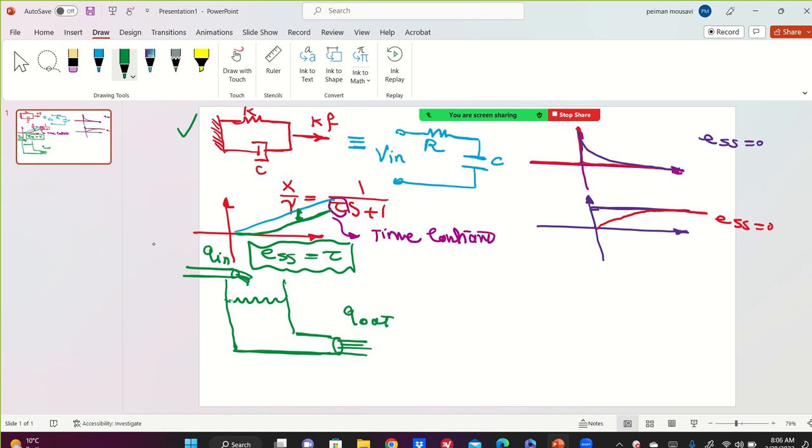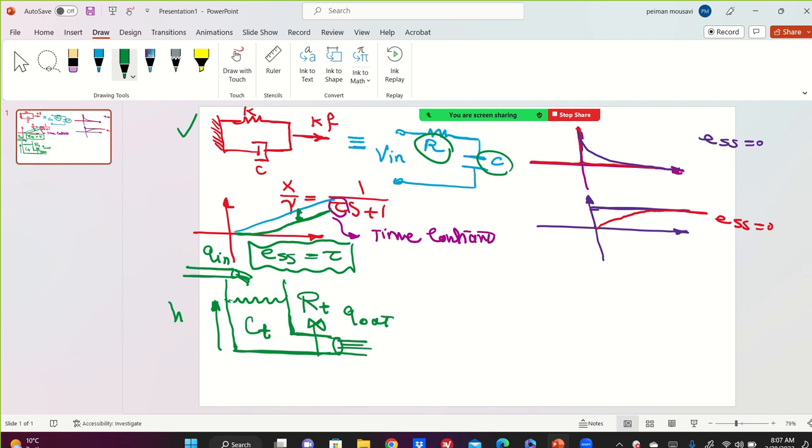The inlet flow rate and outlet flow rate are affecting the height of the fluid, H. And this contraction acts as a resistance, like the resistor of an electrical circuit, so we say R of T, R of the tank. Obviously, every tank has a capacity, like the capacitor of an RC circuit. We say C of T, capacitor of the tank.